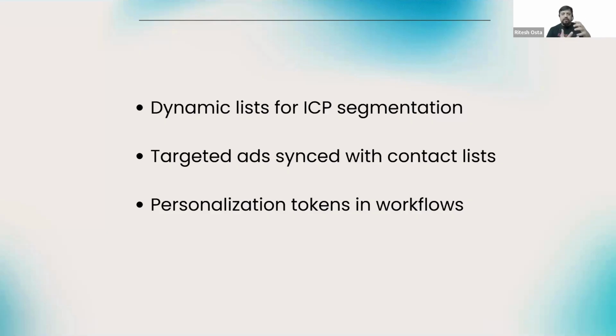So then you can make that list. Based on this condition, you can create a dynamic list, right? That means every time a new company comes up, if the condition matches, the ICPs or the people or the company will automatically be part of this particular list.